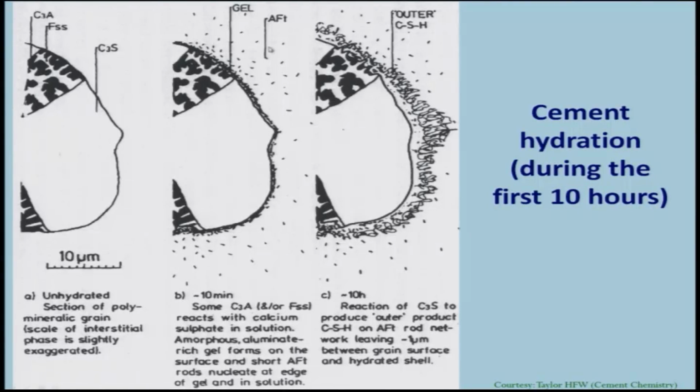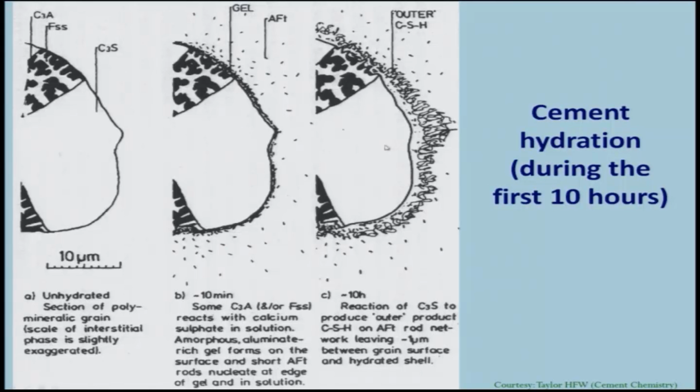Next stage you find that the ettringite is already formed, which is needle shaped, and slowly the calcium silicate hydrate gel is formed, which means C3S starts hydrating and it basically forms a coat on the cement grain.